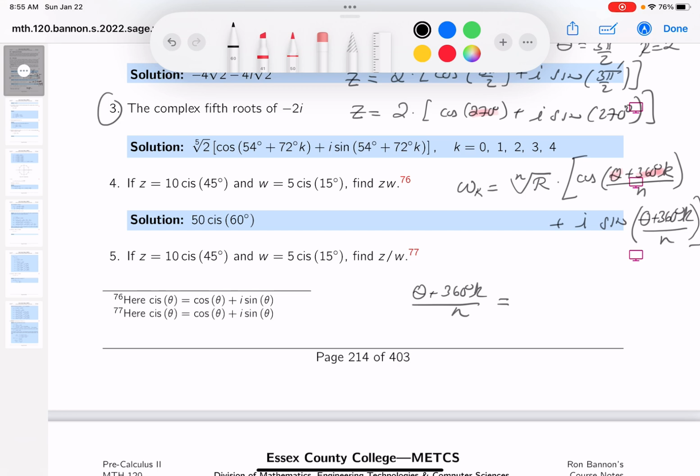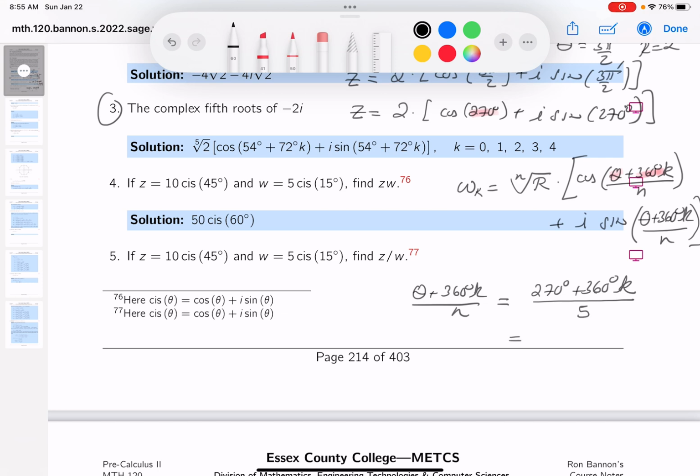Again, the theta is 270 degrees, plus 360 degrees k. And what's the n in this case? It's the fifth root, right? So it's 5. I'm going to simplify that a tiny little bit.